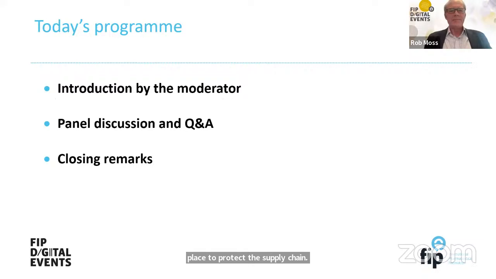So to start with the introduction, COVID-19, I think, has been a major factor that has made it even more clear that we have a global supply chain, and that it was disrupted by major events at a worldwide level.